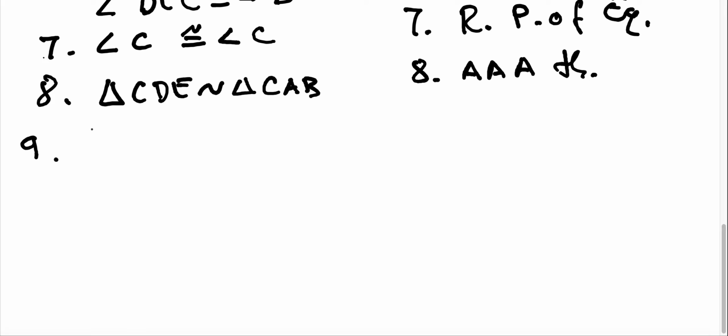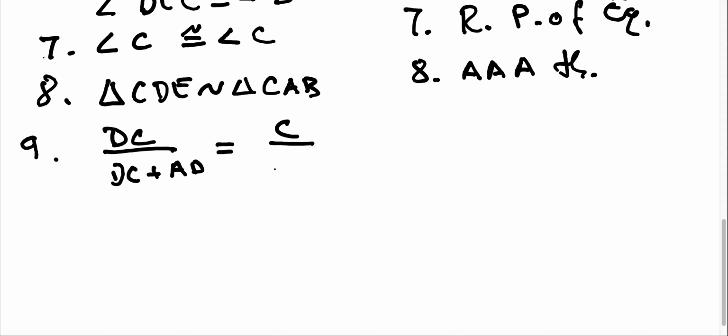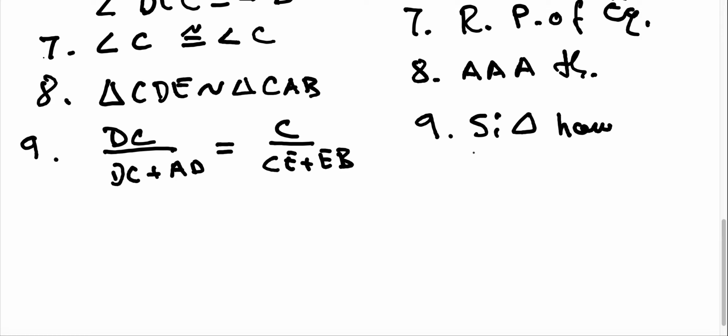And here I would write DC over DC plus AD is equal with CE over CE plus EB. So similar triangles have divided sides proportional.